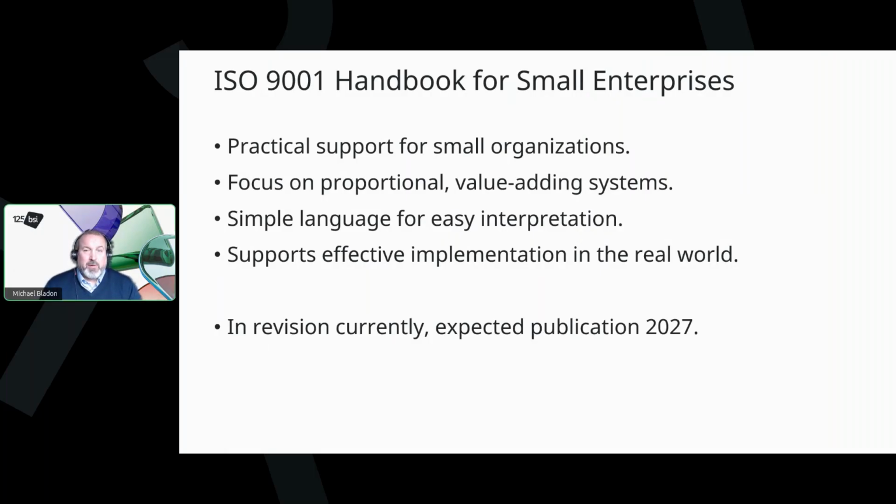It's particularly helpful for organizations that want a quality management system that's effective without unnecessary complexity. Again, it's support material, and it's going to be published in 2027, just after 9002. That's it. Next slide, please.